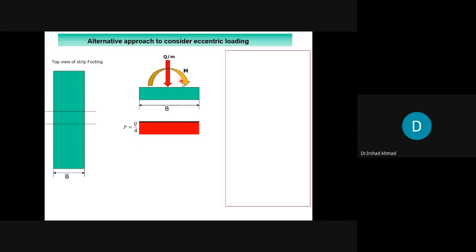And because of this moment, the stresses would be flexural stresses. Here you would have a positive stress, compression, and here you would have a negative. The final stress in the ground would be the summation of these two stresses. Can anybody tell me how to find this flexural stress because of this moment?